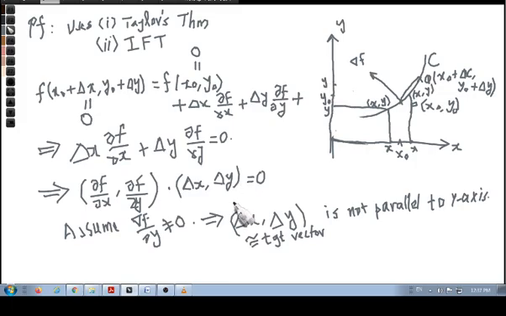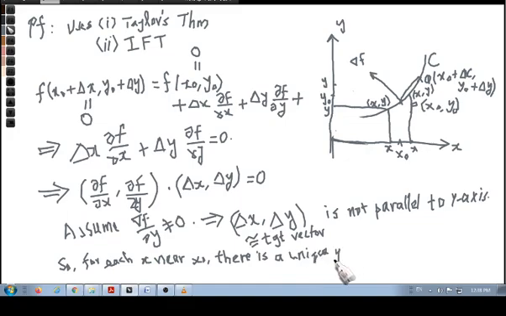So for each x near x naught, there is a unique y such that the point (x, y) lies on the curve C, or in other words, f(x, y) is equal to 0.